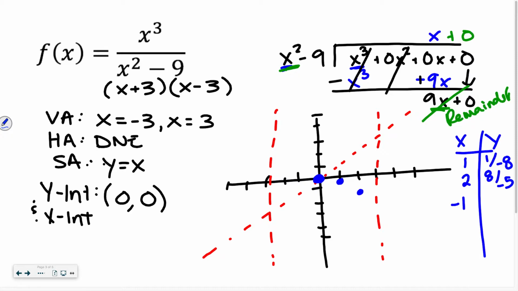All right, let me put in negative 1. Negative 1 cubed is negative 1. Negative 1 squared minus 9, that's 1 minus 9, which is negative 8. So then that one becomes a positive 1/8. And we could probably guess this is going to be a positive 8/5.